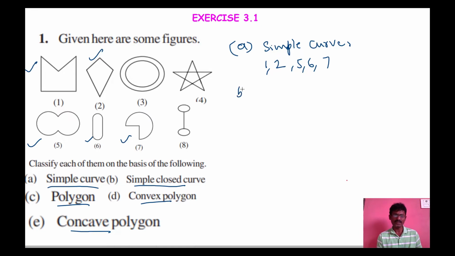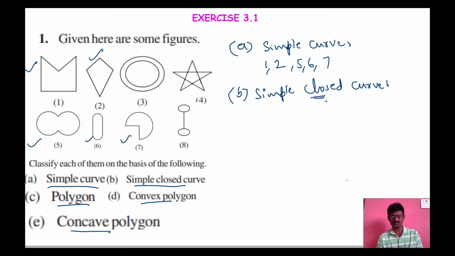Next let us go to B, simple closed curve. Here 1, 2, 5, 6, 7 are simple curves. Out of these, let us check which are closed. Closed means we are unable to judge which is the starting point or the ending point.